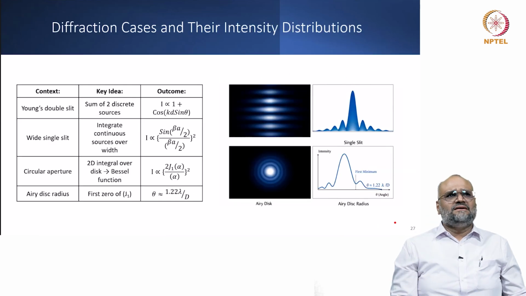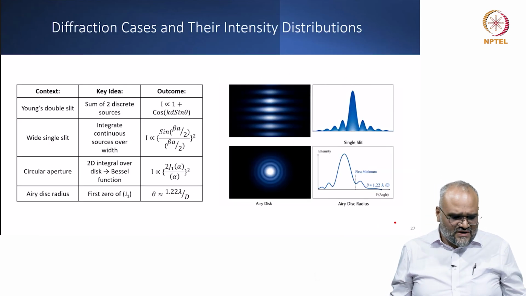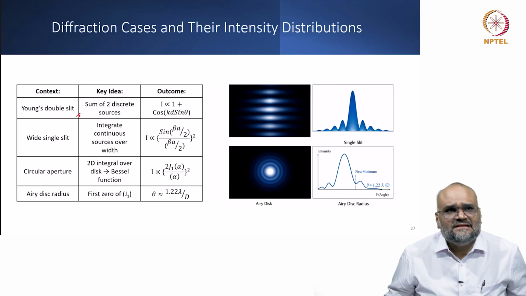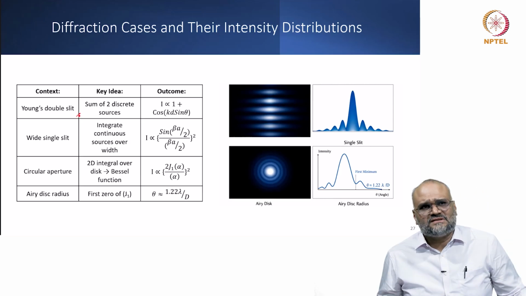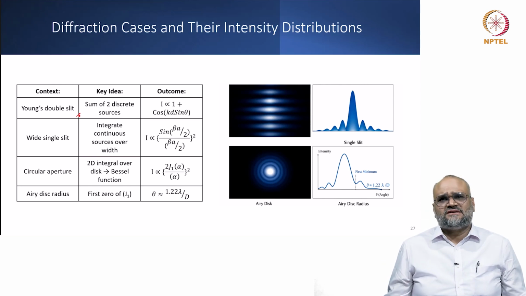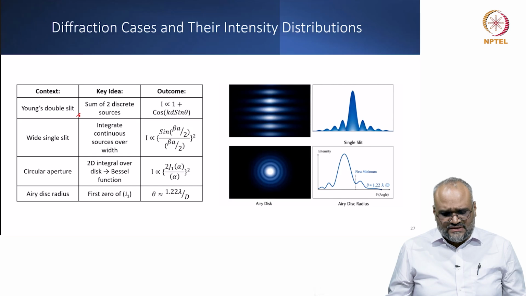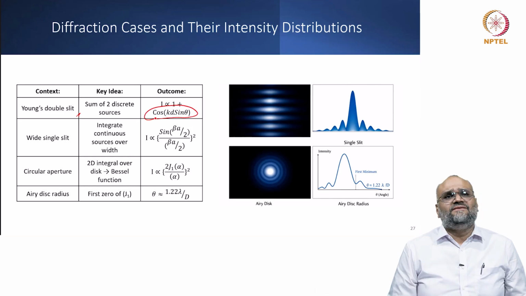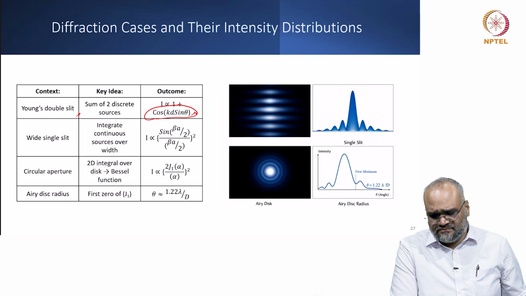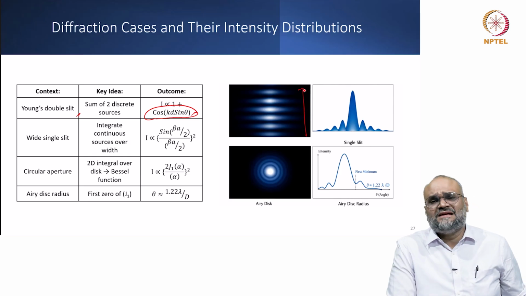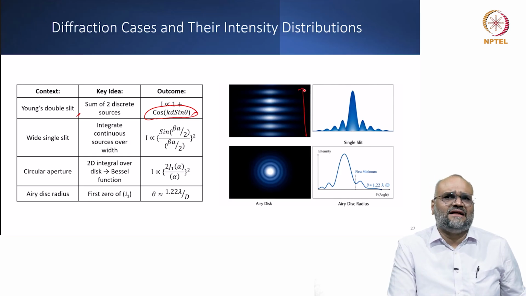So if you look at the various diffraction cases, if you have a Young's double slit, the key idea is you have two discrete sources, and as a consequence of the superposition of waves going through these sources, the outcome is proportional to the phase of the light that is scattered through, and you can relate it through some relation, and the information you record appears like a fringe pattern like this.